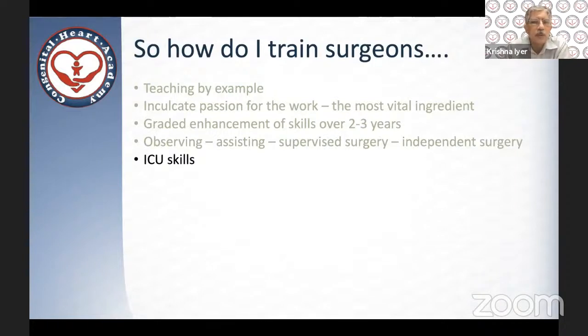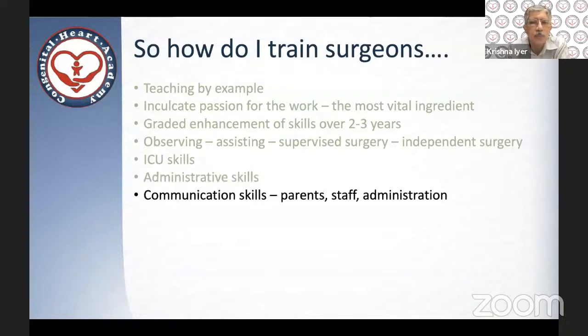We teach our surgeons ICU skills. So during the day, they are in the operating room. During the night, they are in the ICU. They learn administrative skills because it's essential for them when they run units of their own. And they also have to learn communication skills, communication with parents, with the staff members, and also communication with the administration.